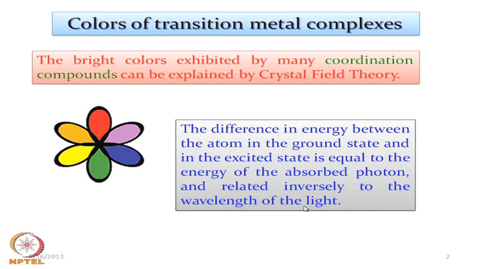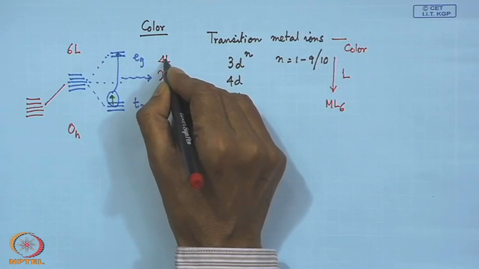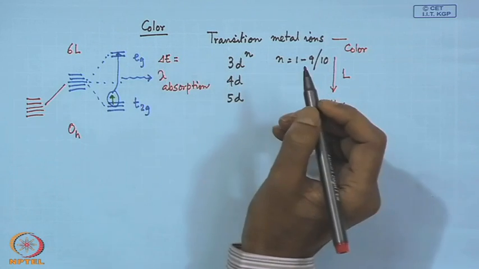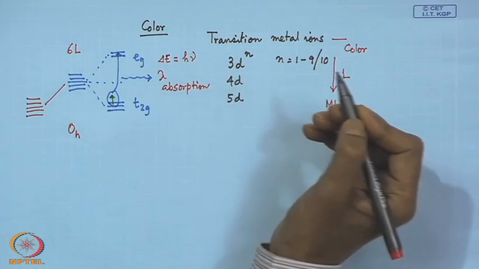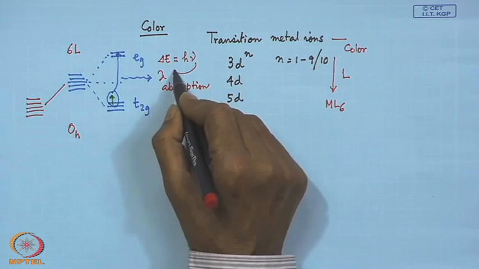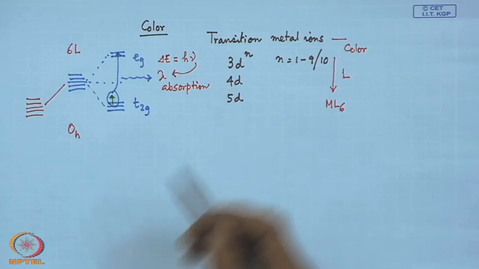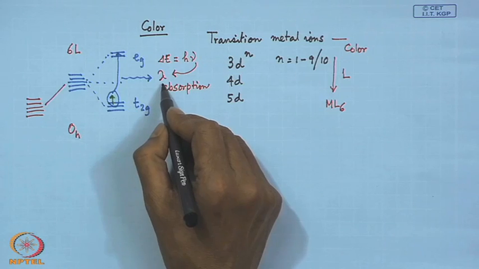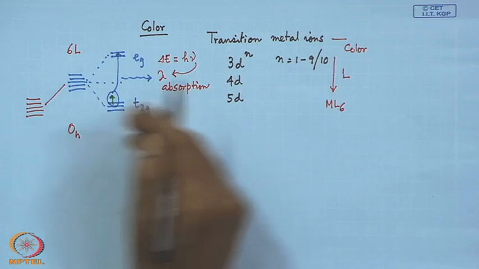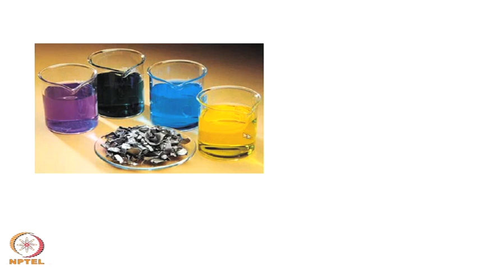So, once we know the energy gap, which is delta E, we can correlate it with h nu, and then nu can be correlated with the lambda value. Basically, what we record in the electronic absorption is the lambda values. So, we see very beautiful colors.